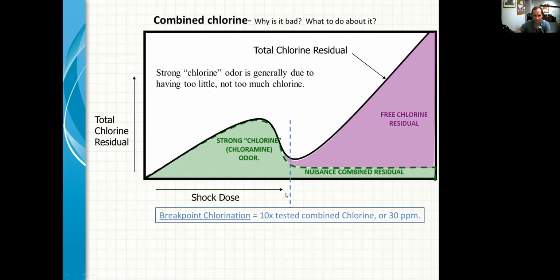What happens when you shock the pool is the break point, called break point chlorination. When you use 10 times the tested combined chlorine, up to 30 ppm total chlorine introduced into the water, it will break the chloramines. But if you add less than that, it will keep combining with those compounds. So it's a certain point that needs to be reached.